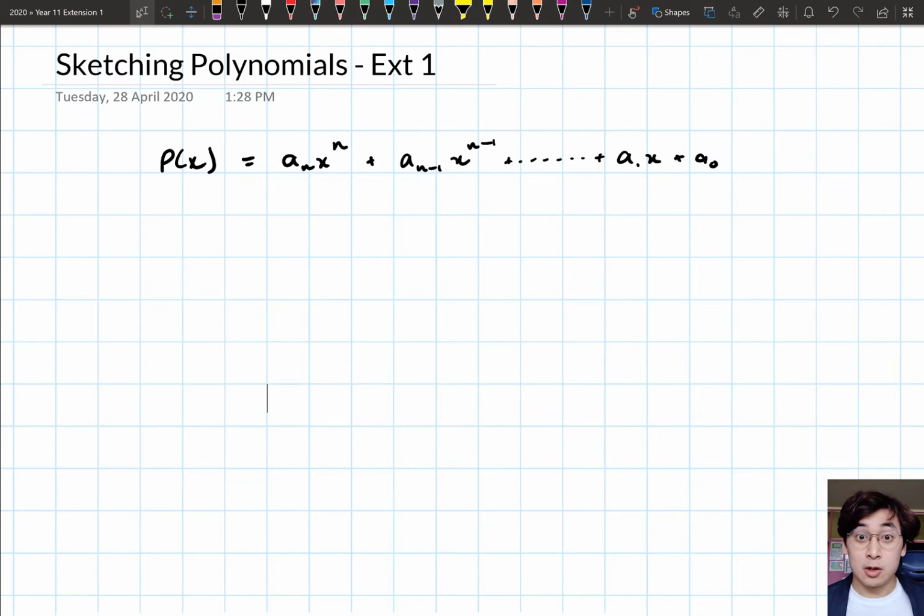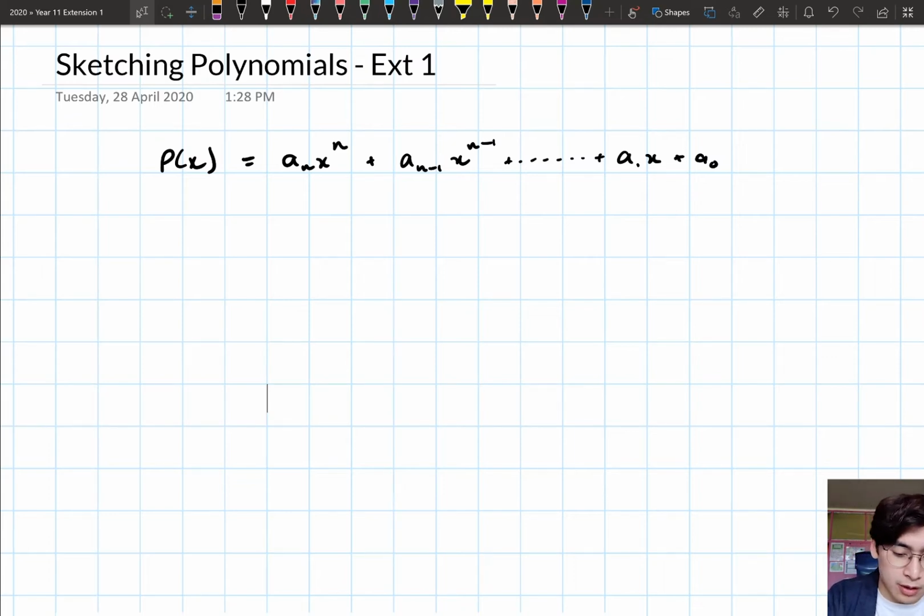But what I'm going to do is a bit of a quick recap at the start here, just on polynomials. Now, if you recall, polynomials are a group of functions that look like this. If you have a look on the screen now, I've got p of x equal to a_n x to the power n plus a_(n-1) x to the power n minus 1, and so on until we get a constant term at the end, a_0.